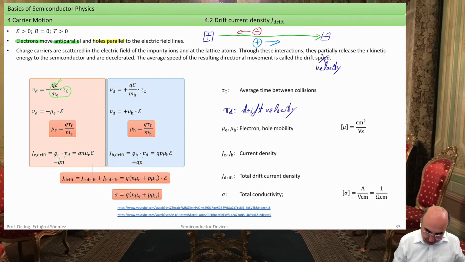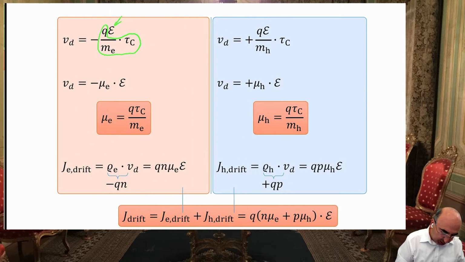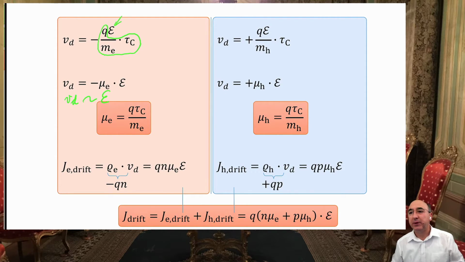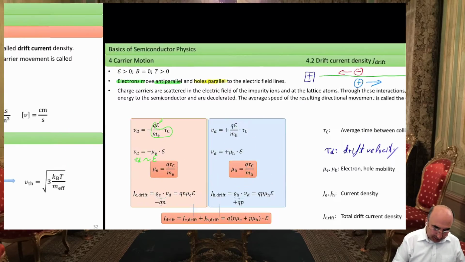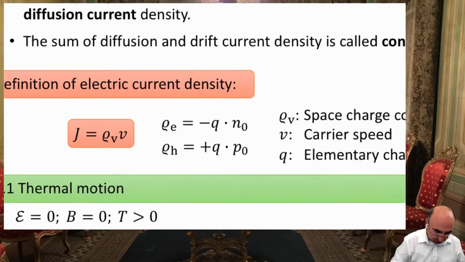The average time between collisions is constant, and the effective mass is constant. So we have only one proportionality: the drift velocity is directly proportional to the applied electric field. That's it. Good.